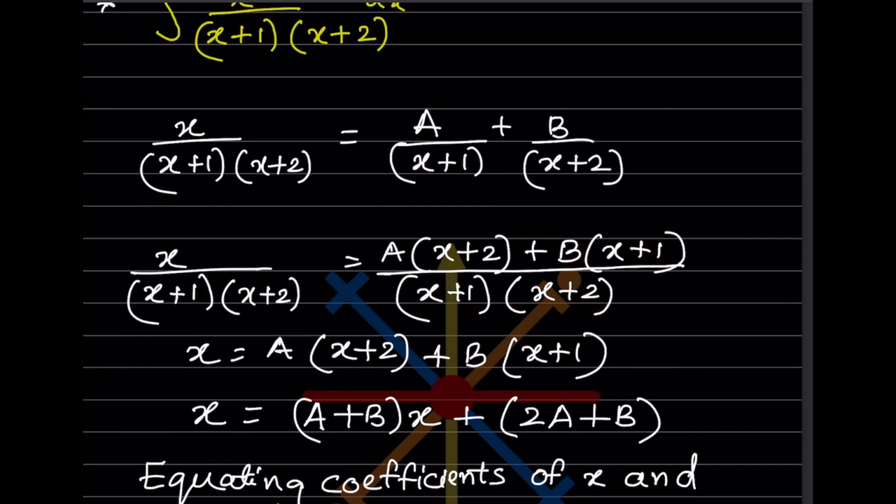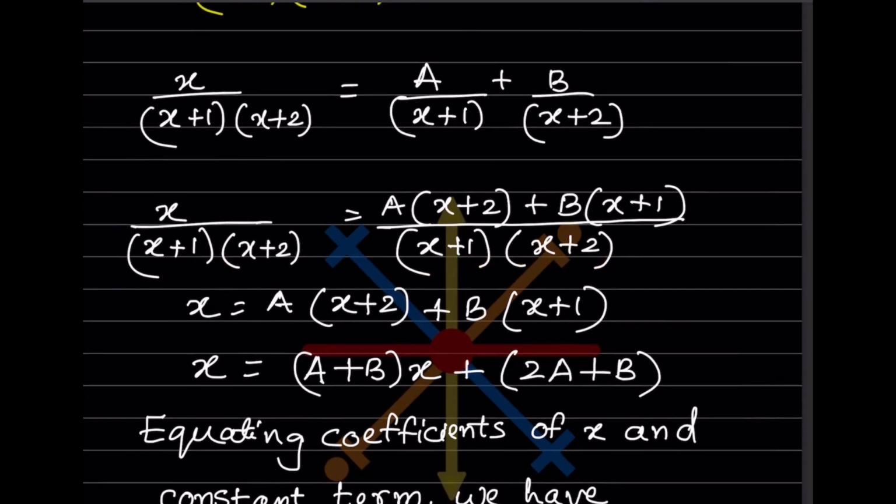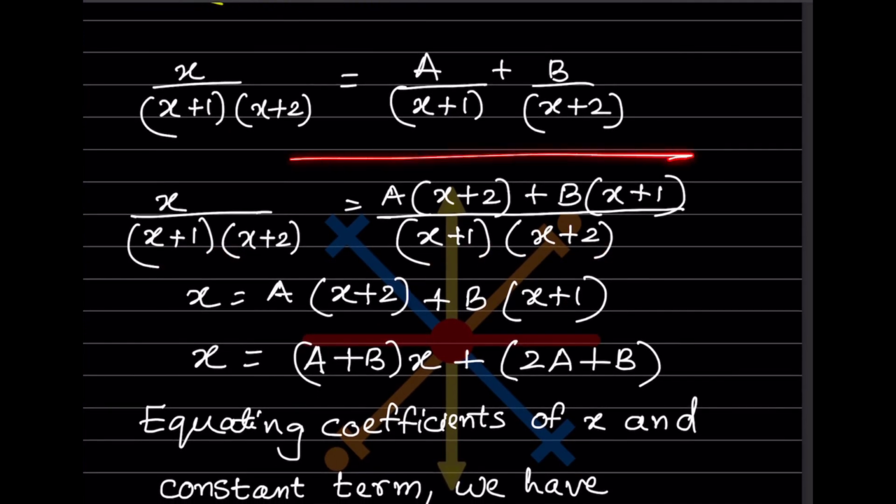Now both places the denominator is the same, so let us look at the numerator. x is equal to a into x plus 2 plus b into x plus 1. Now when we expand this, we can write it in two ways.